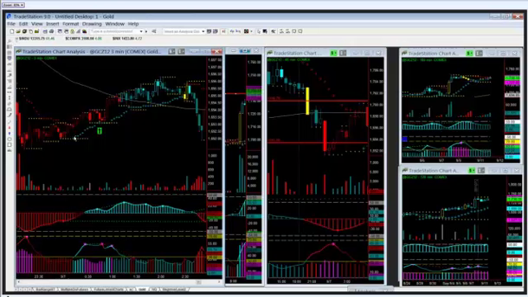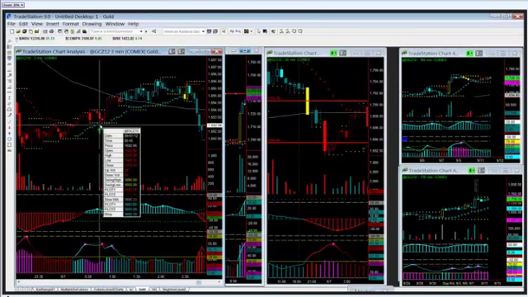Now, in order for price to go up, it has to flip the ATR, but it has to come back and it has to form an area of support for price to bounce up. Okay? So in this case, price has flipped the ATR and then it comes back to test the ATR. Do you see that right here?